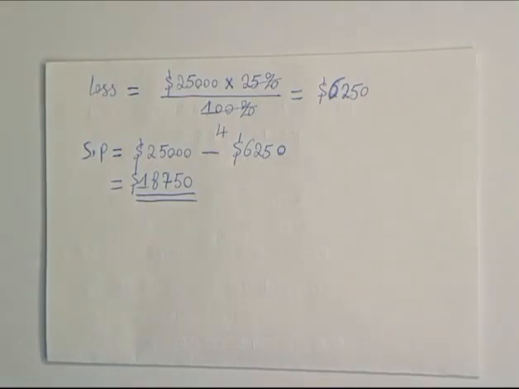Therefore, the selling price of an item for which its cost price is $25,000 and percentage loss is 25% is $18,750. We are done with the correction of the exercise for application.